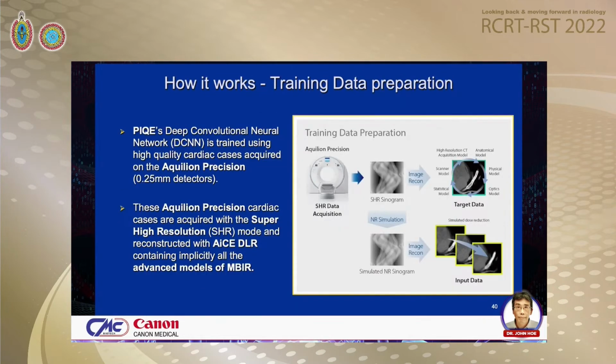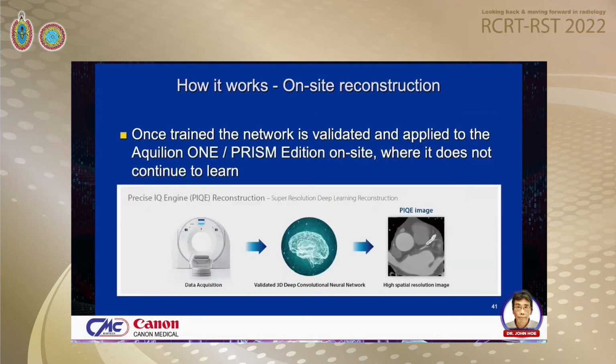How it works is very similar to the AICE software used for radiation dose. There's a deep learning network used. This network is trained on high quality cardiac cases acquired on the scanner called Aquilion Precision, which has 0.25 mm detectors, and these are acquired and reconstructed with AICE deep learning, and then the data sets are validated and applied to the scanner on site.